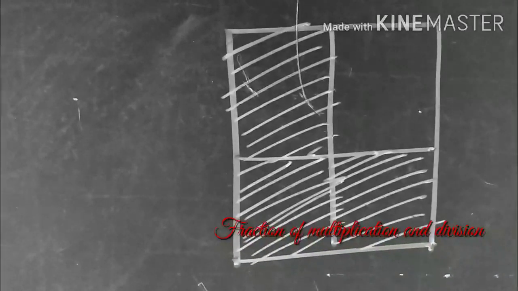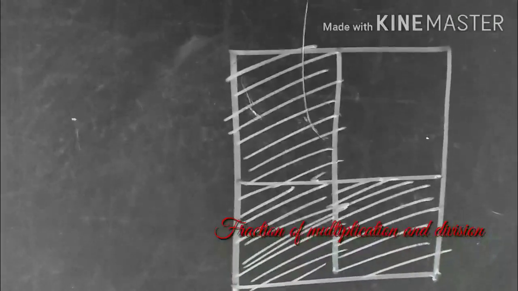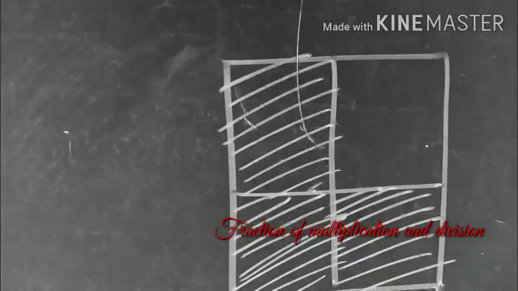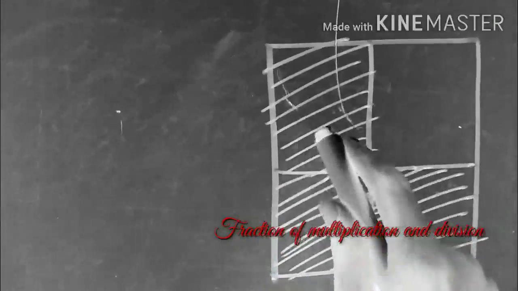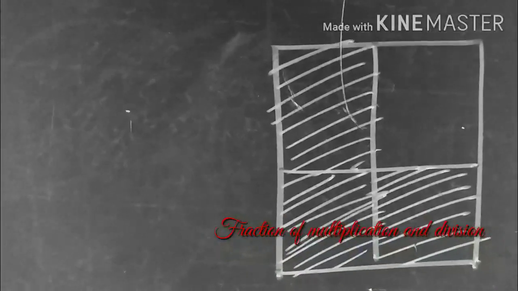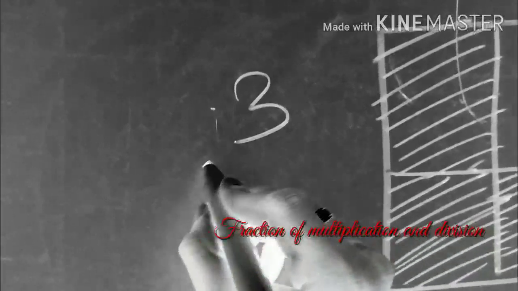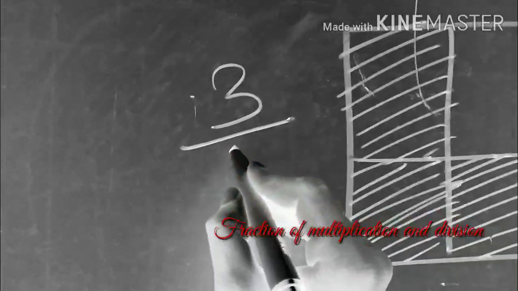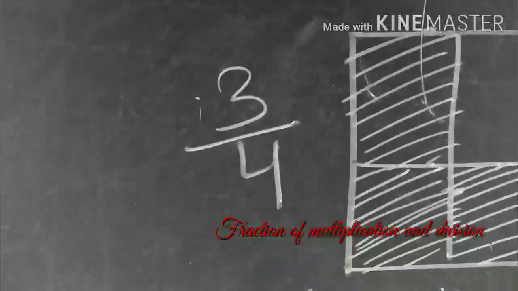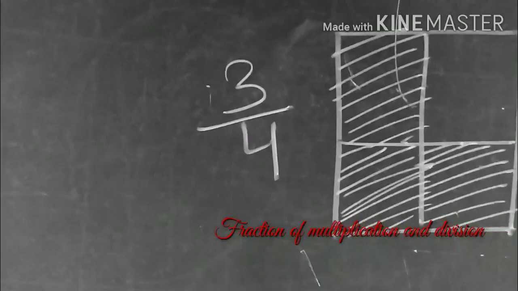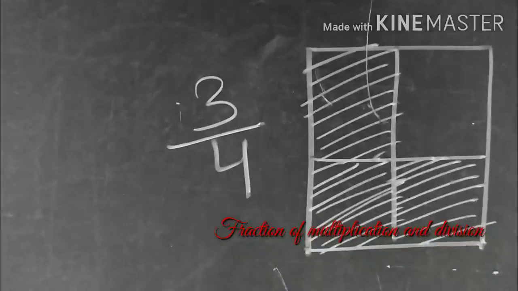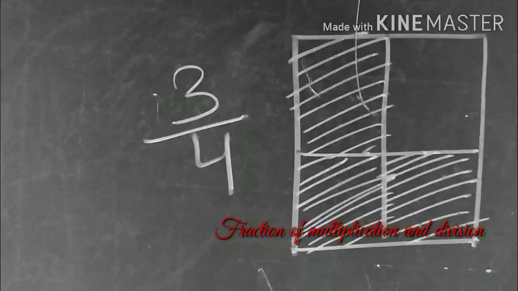A square means all sides are equal, so we divide it into 4 equal parts: 1, 2, 3, 4. How many are colored? 1, 2, 3. The colored part goes up and the total part goes down, so we write 3 by 4. 3 by 4 is the fraction of this square.